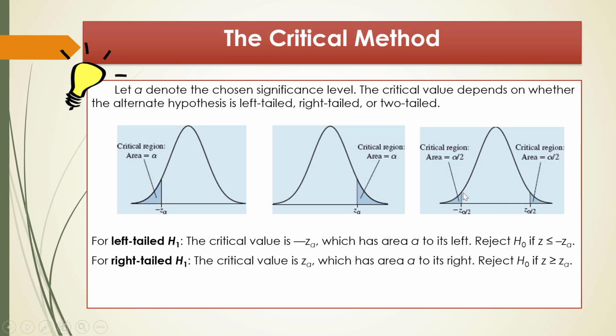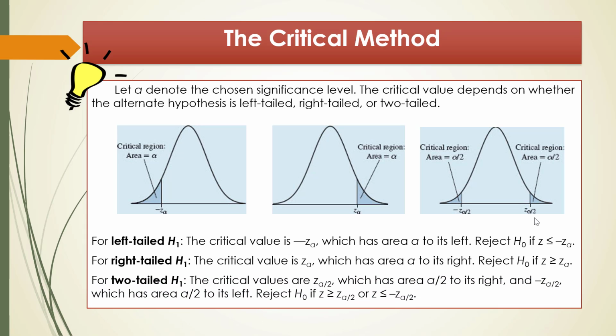The critical region is the two tails, the shaded area on the picture. So if the test statistic falls into the shaded area, we reject the null hypothesis. That means if z is less than minus z alpha half or z is greater than z alpha half, we reject the null hypothesis. Otherwise, we do not reject the null hypothesis.